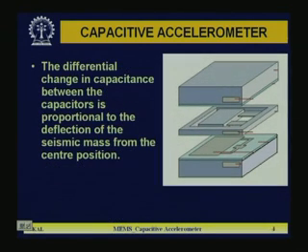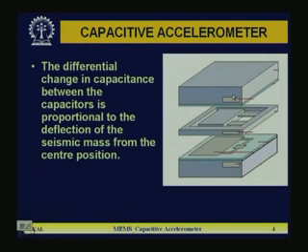Now, the differential change in capacitance between the capacitors is proportional to the deflection of the seismic mass from the center position. Obviously, if the seismic mass which is at the central position moves upward, then the gap between the top electrode and seismic mass will be less, and the gap between the seismic mass and bottom electrode will be more.